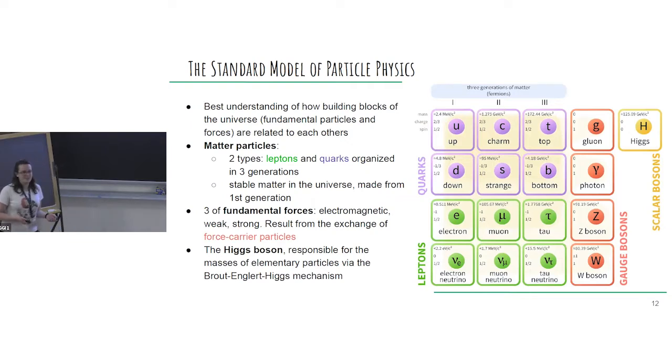We already heard about this model in these days, so I will try to be quick, but basically this is the best understanding that we have right now of particle physics interactions. It is the theory that we use to compare the data with in order to understand if there are deviations, if there is new physics.